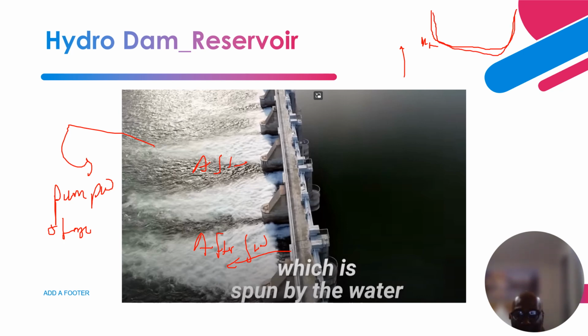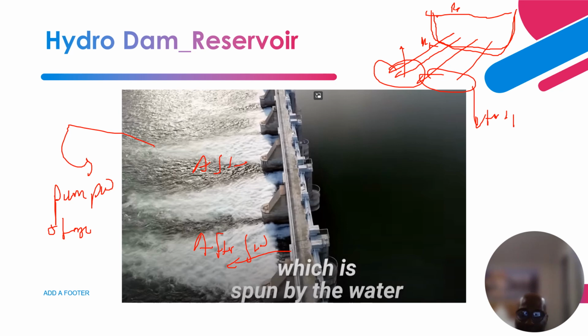Then it is filled with water to create a reservoir, and you have piping that comes down that also turns turbines and generators, a hydro turbine generator.